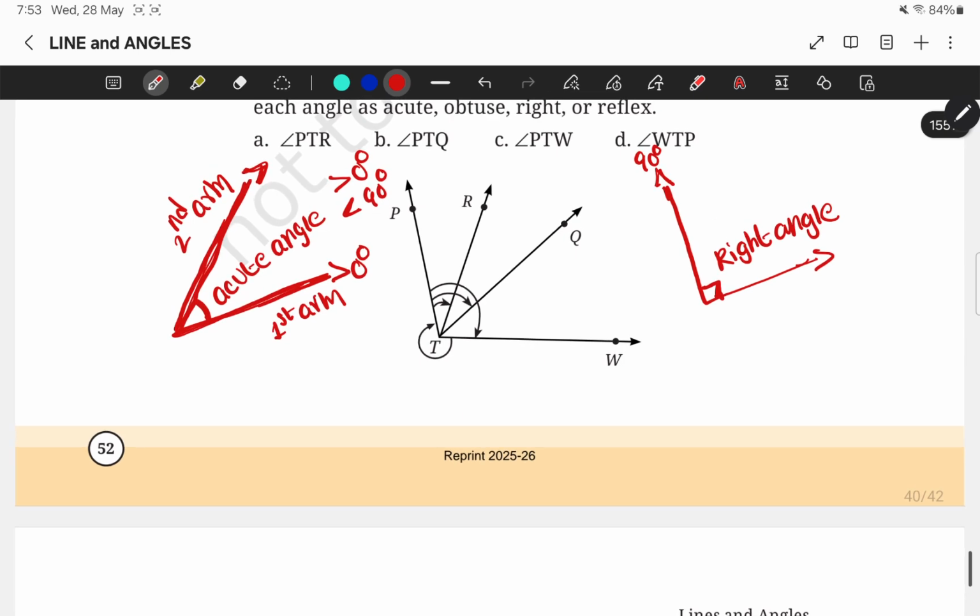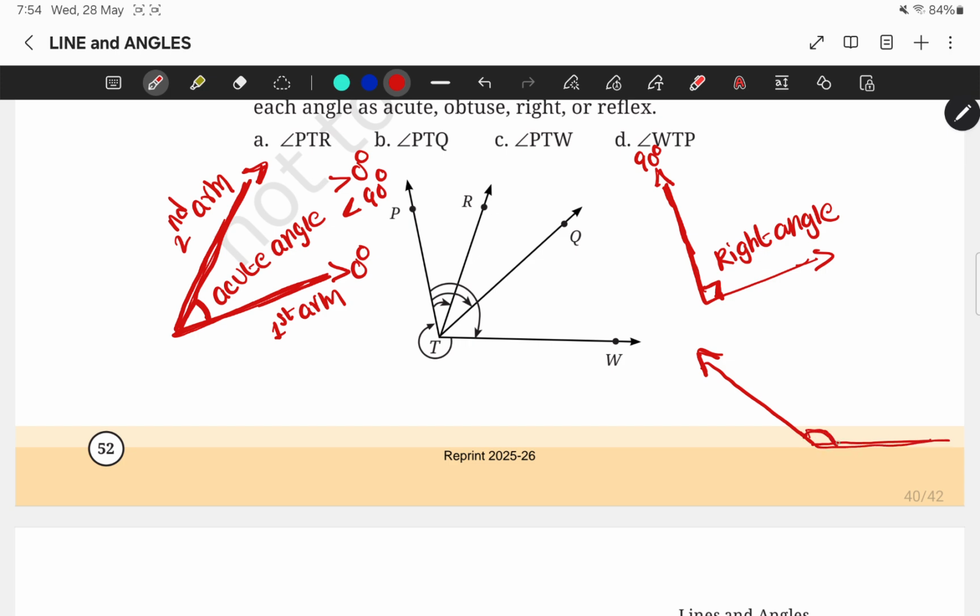And I am going to take another pair of arms. For the obtuse angle, the second arm slightly increases.